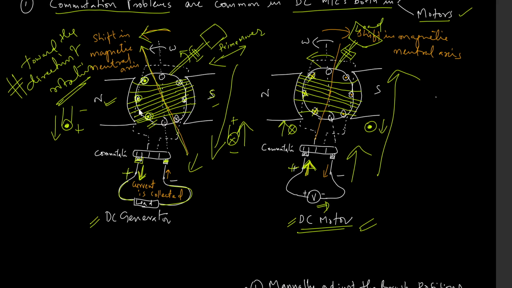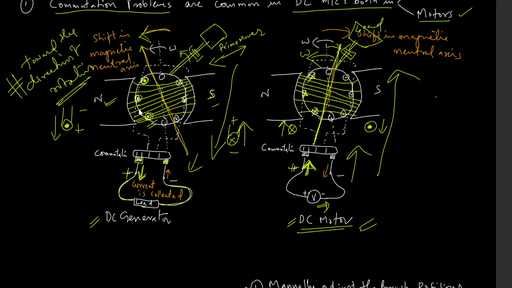Due to these currents in the armature coils, the armature reaction distorts the magnetic neutral axis opposite to the rotor movement. It will fall back, so the neutral axis now shifts back.